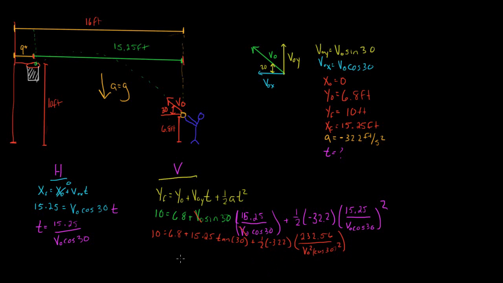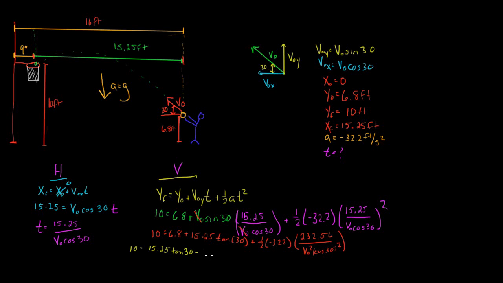And again, we can clean this up a bit. So we can subtract the 6.8 and the 15.25 tangent of 30 to the other side, and we get 10 minus 15.25 tangent of 30.